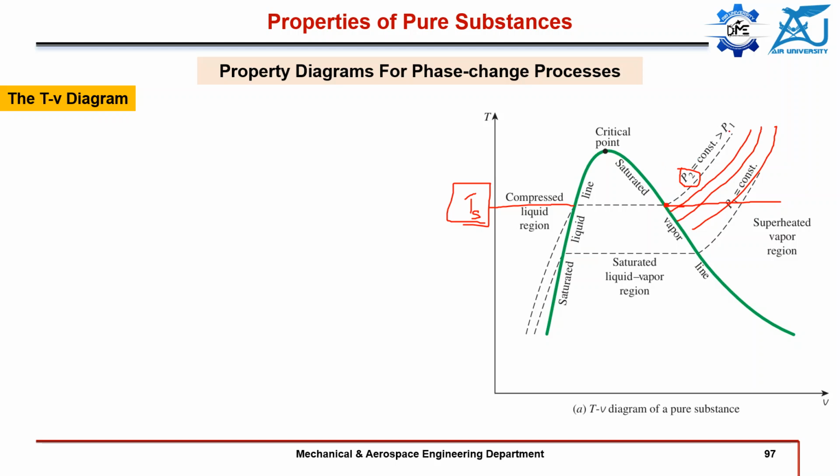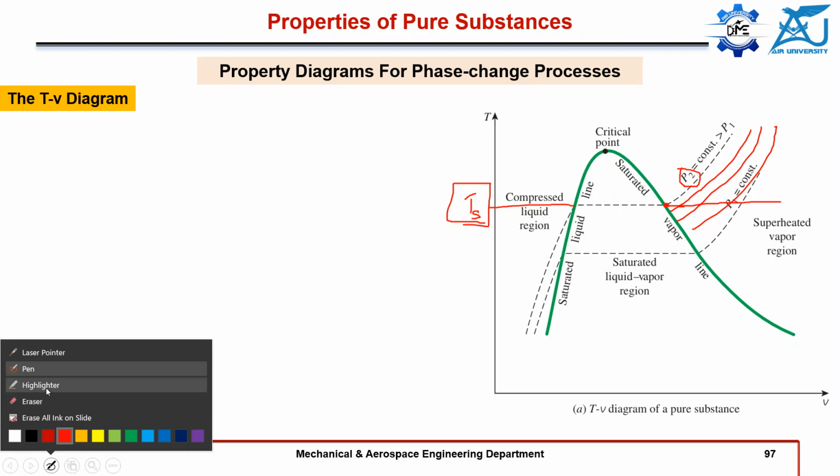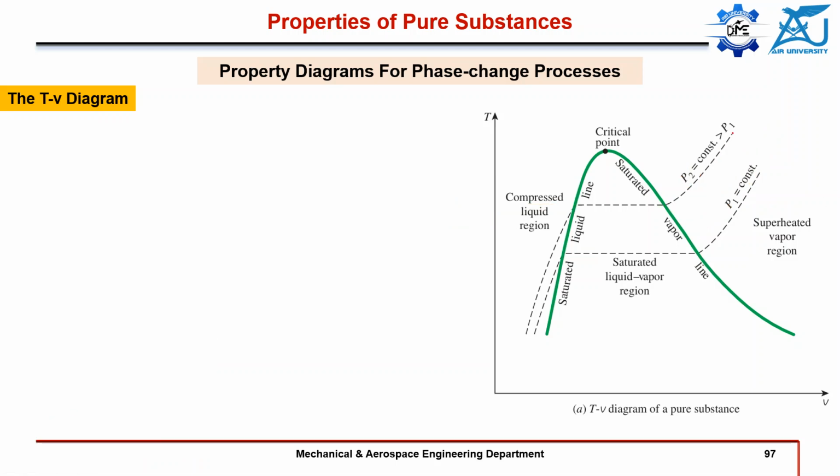For a given pressure, let's say this given pressure, this is the saturation temperature, and if the temperature of your vapor is higher than this temperature for a given pressure, this again indicates that you are in the superheated vapor region.